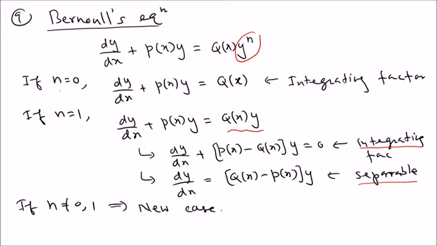So that's the Bernoulli equation. We're going to talk about that a little bit more. If n is not equal to 0 or 1, what are we going to do? We're going to divide. Dividing by y to the n, we can divide the equation by the y^n term.